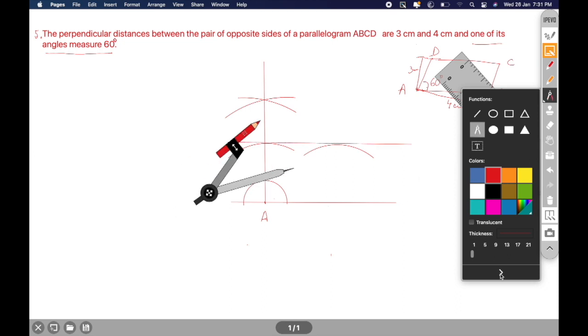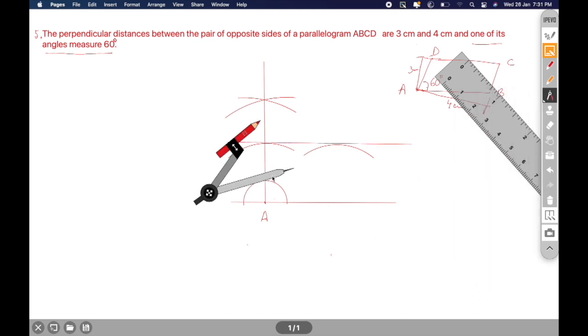Now let us construct 60-degree here with A as center and some radius.